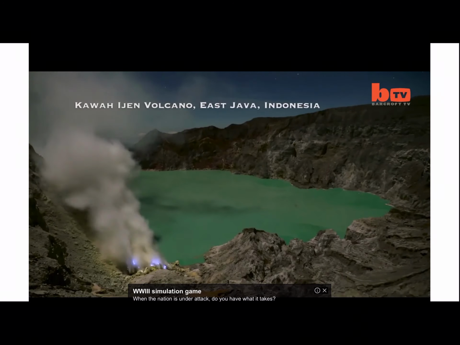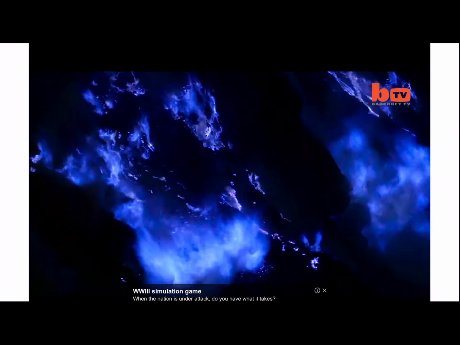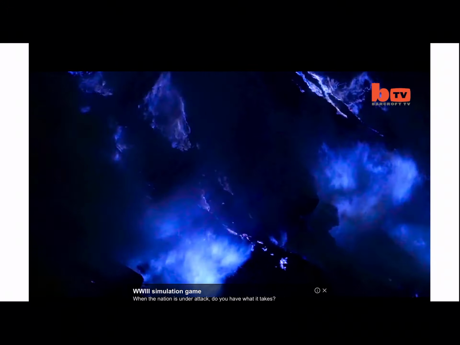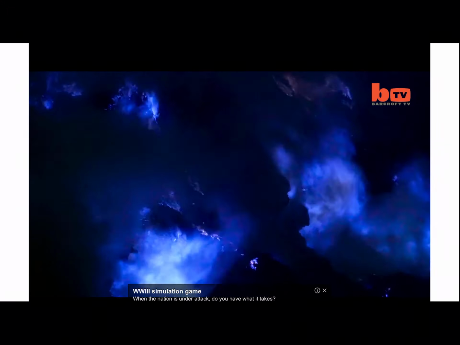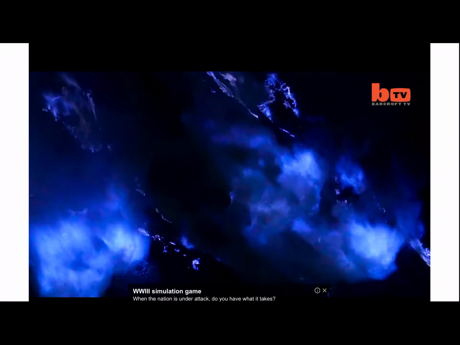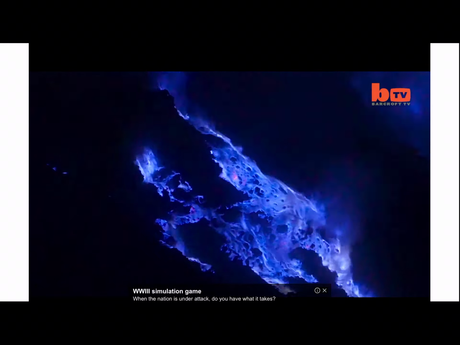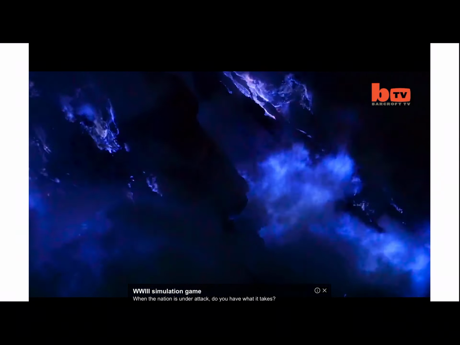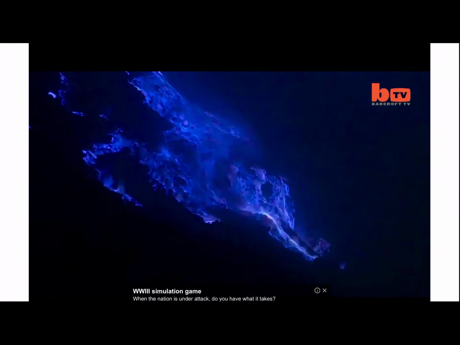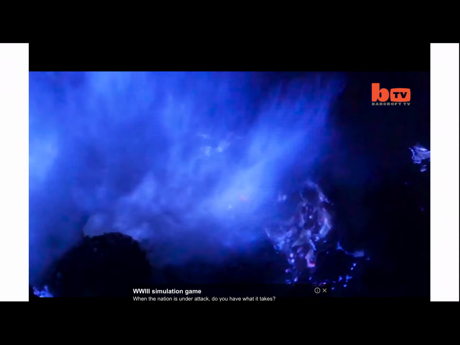In a geographically rare phenomenon, this volcano in Indonesia is burning blue, but it isn't the result of strange coloured lava. The blue flames are caused by the combustion of sulfuric gases, which emerge from vents at high pressure and high temperature. Some of the gases condense into liquid sulfur, which continues to burn as it flows, creating the illusion of blue lava.